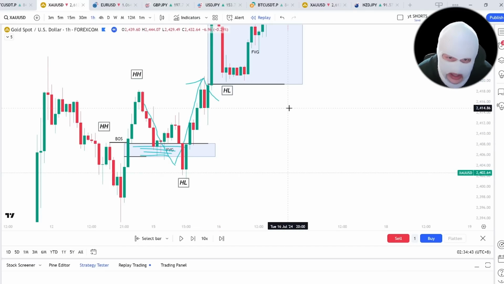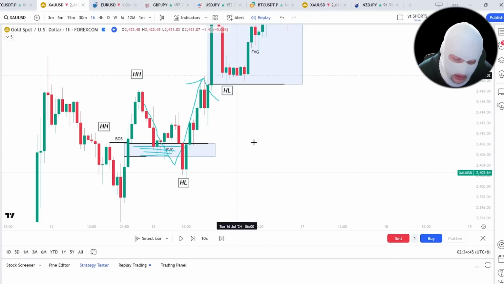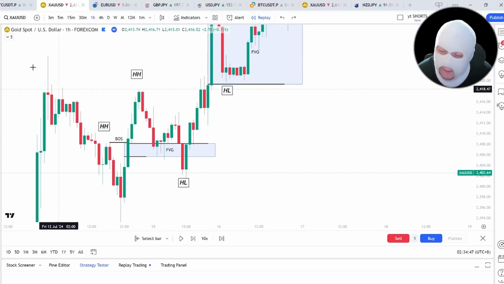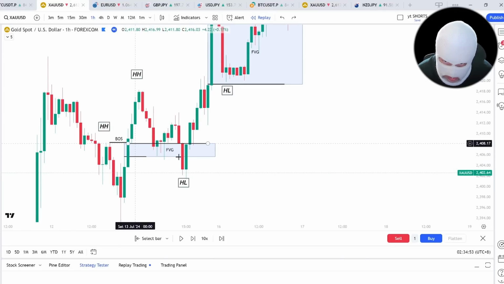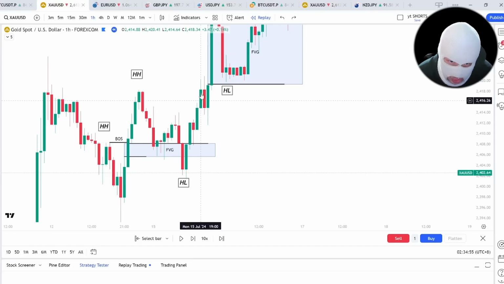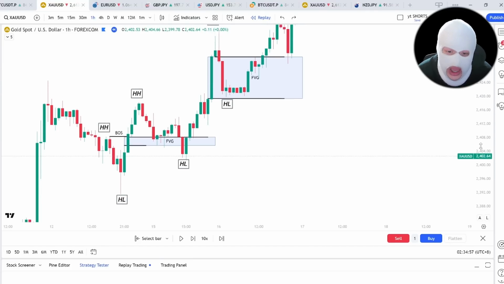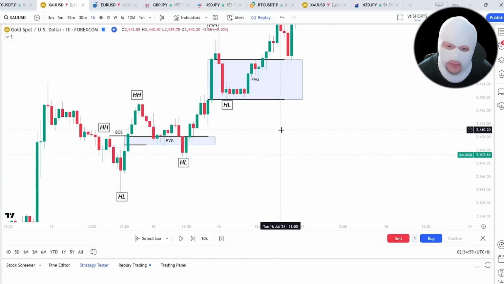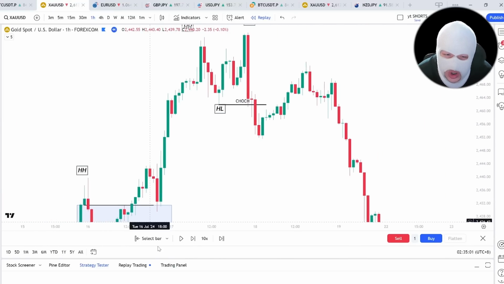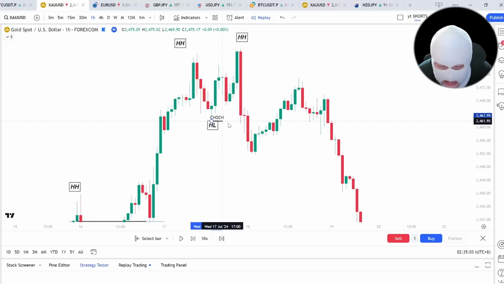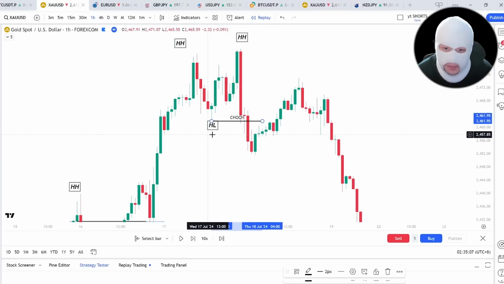The demand levels that create a fair value gap are super important as they are the backbone of technical analysis using SMC concepts. As long as we stay above this zone, buyers are in control and the market sentiment is bullish. However, if we get a break and close below this level here, we call this a change of character, or CHoCH.